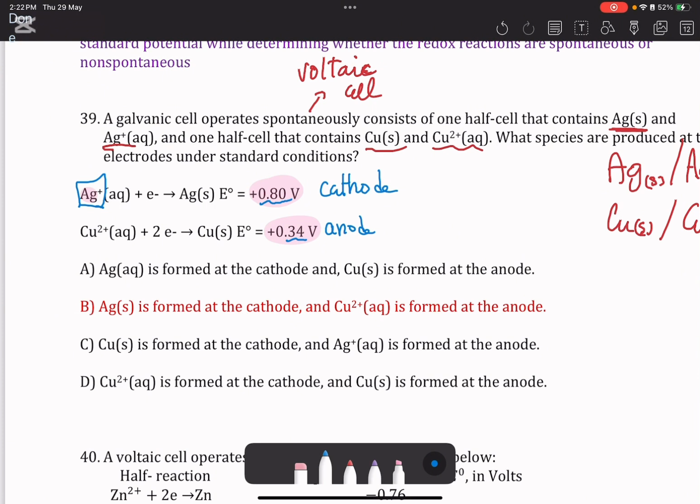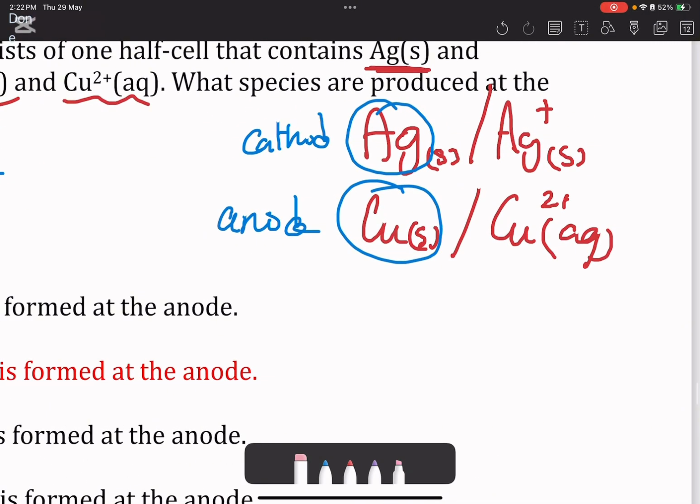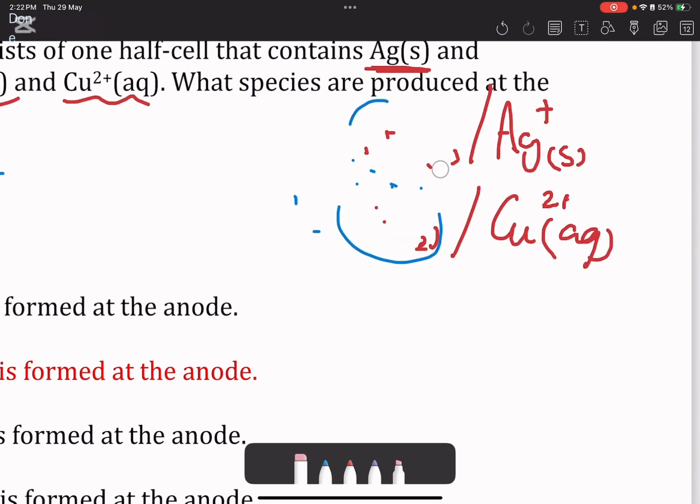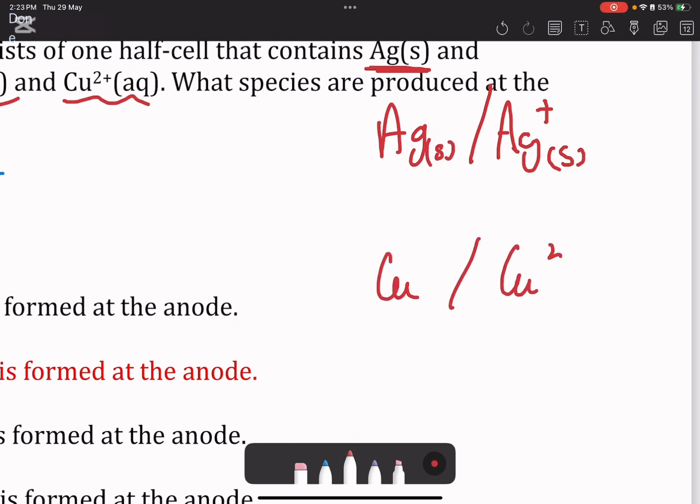Therefore, here, I know that this metal is the cathode, and this is the anode. Again, you can simply compare the numbers. The larger number would be for the cathode, the smaller number would be for the anode. So, saying that means at the cathode, I'm just gonna erase this, put it a bit far, and I'll give you a simple way to memorize it. So Cu/Cu2 plus.